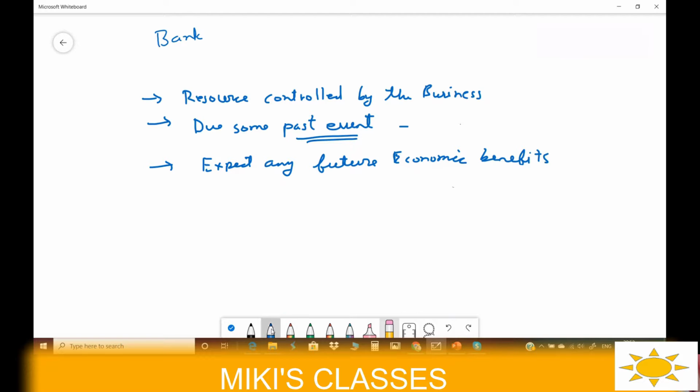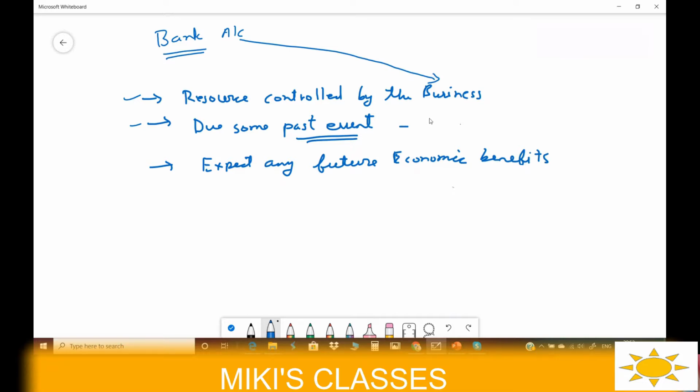Okay. So let us now check in the case of bank. Bank means a bank account. Is it a resource controlled by the business? It is, right? Because the account belongs to the business. So it is controlled.